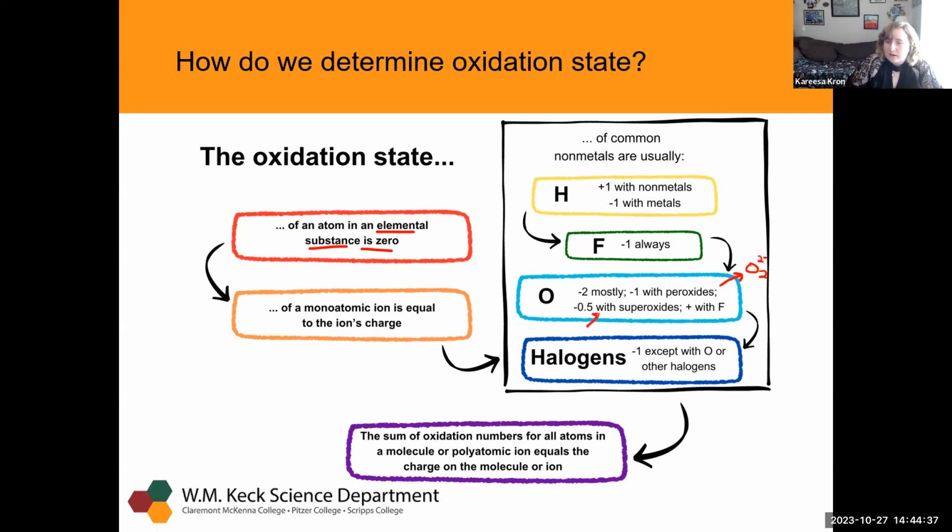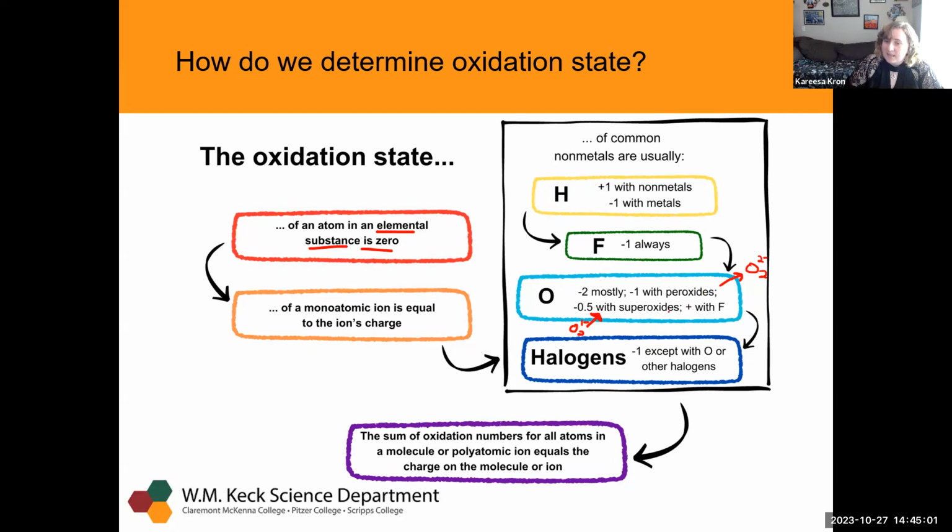Or if it's bound with hydrogen, it could also potentially be where you have something that has 2 oxygens but needs to be a -1, which we call a superoxide. And so we get these by interacting with hydrogen, where the rule is that its oxidation state is set first before we set the oxidation state of oxygen.